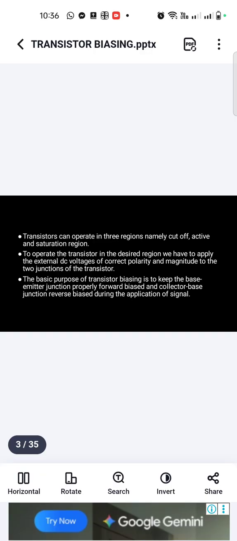How do we identify this? Many configurations are used: common base, common emitter, common collector. Among these, only the common emitter configuration is used as an amplifier because its voltage gain and current gain are high.